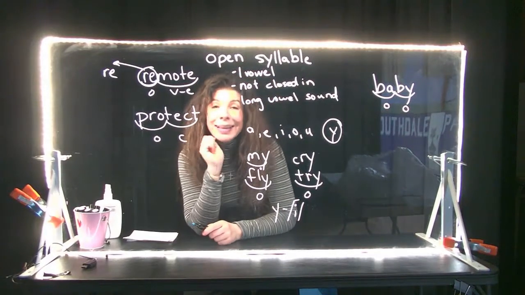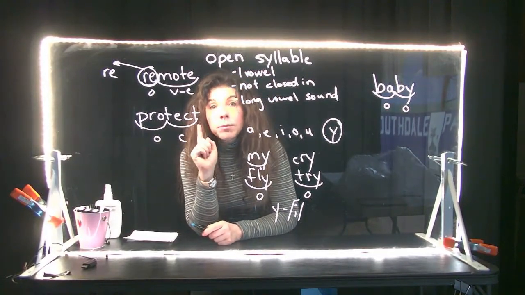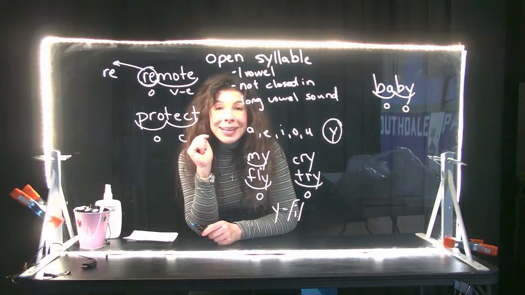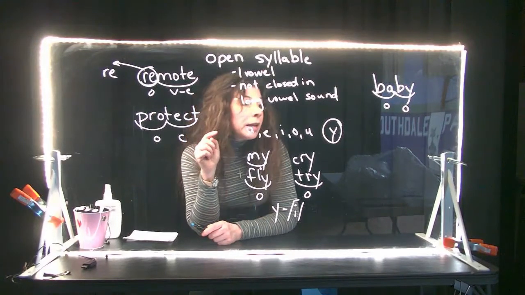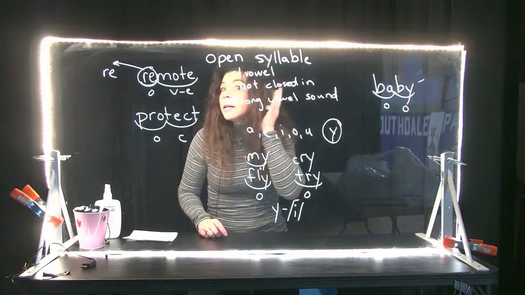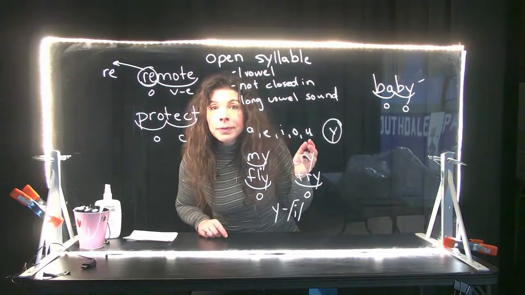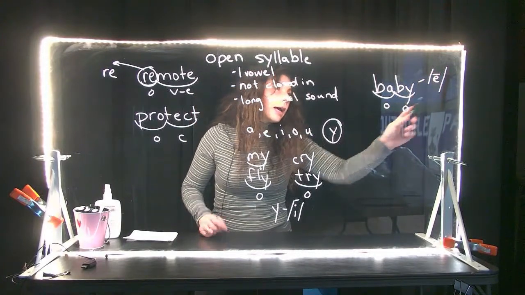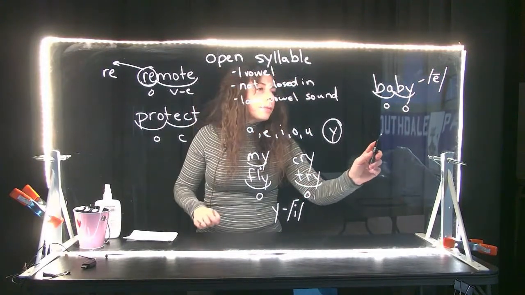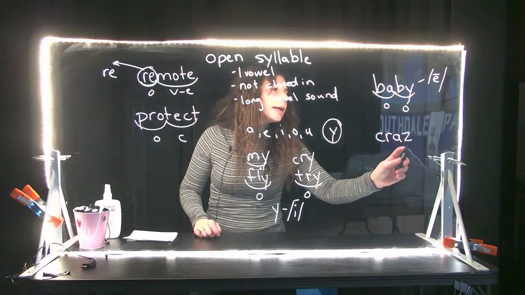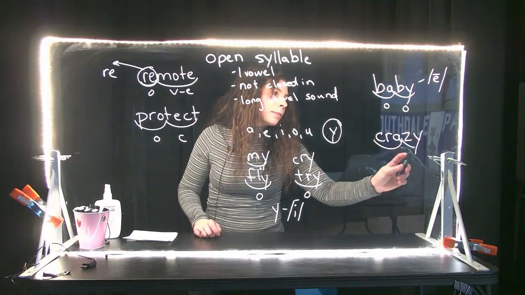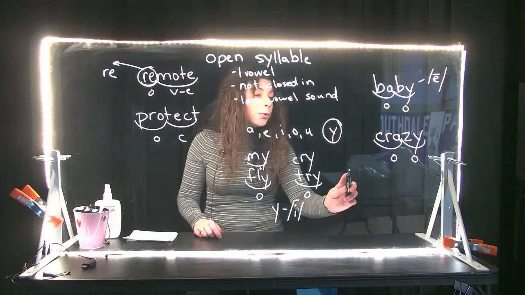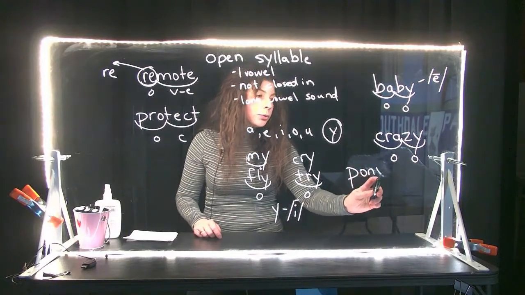When the Y comes at the end of a multisyllabic word, it no longer sounds like an I. It then sounds like an E, like a long E sound, like baby or crazy. This is also 2 open syllables. Pony, 2 open syllables.